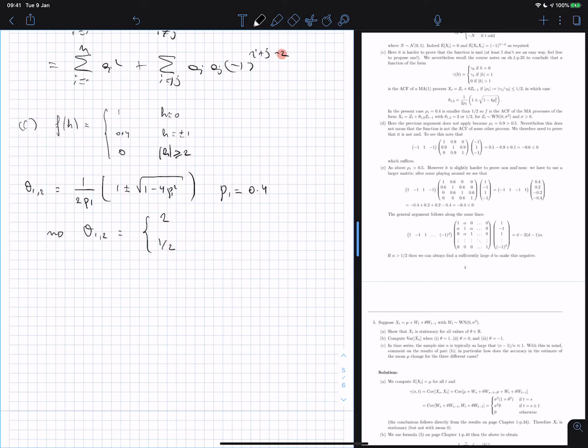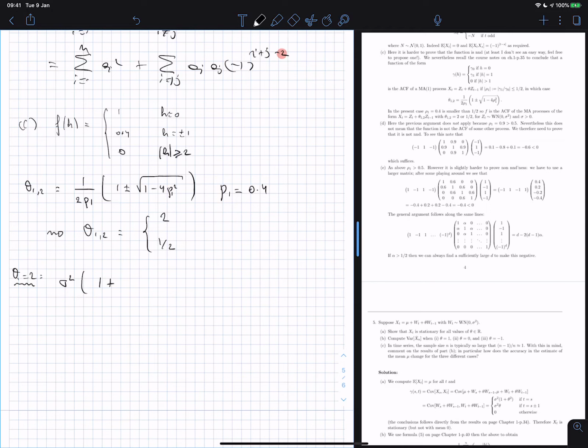And then what? Well, then sigma squared times 1 plus theta squared. So if theta 1 is equal to 2, then I have sigma squared times 1 plus 4, which has to be equal to 1, and sigma squared times 2, which has to be equal to 0.4.